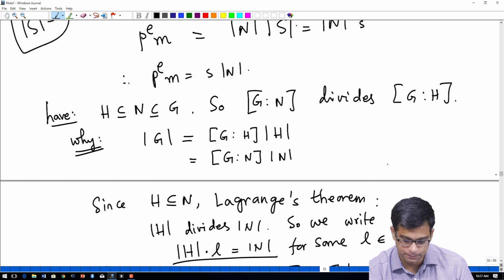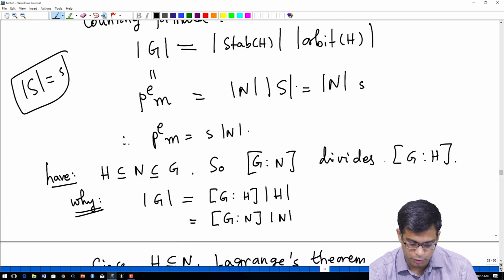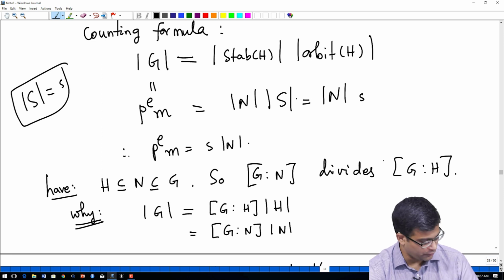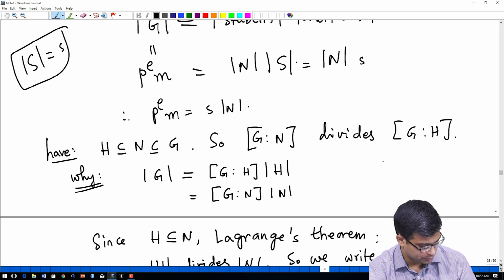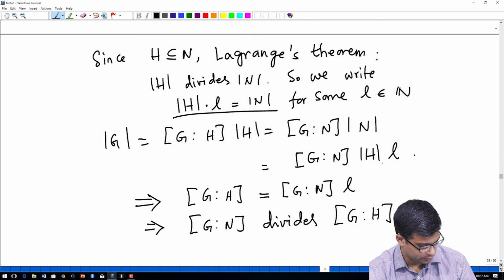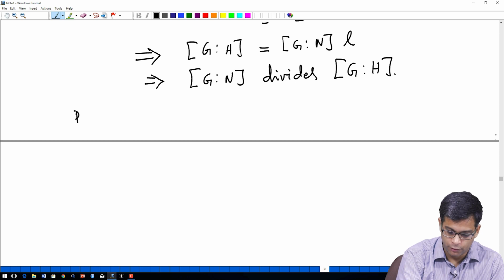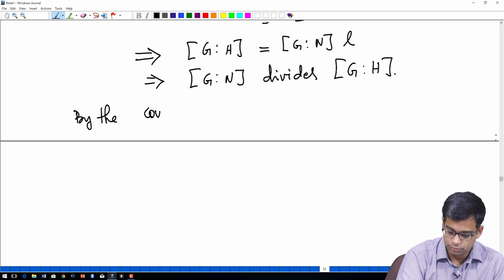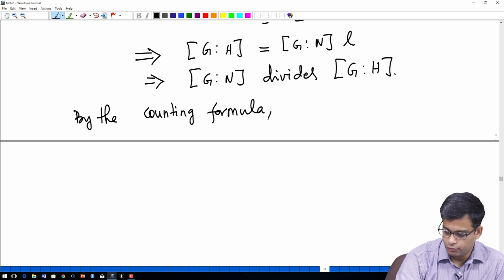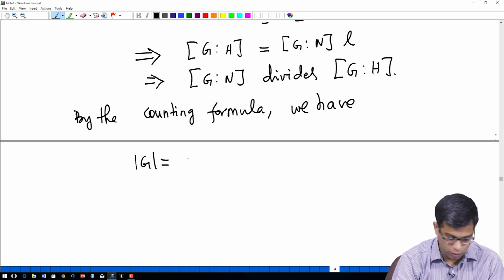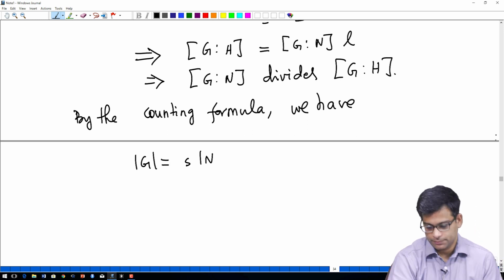Now, let us look at the counting formula that we had earlier. What is the index of N? So, I want to understand. By the counting formula, we have the order of G is equal to S times the order of N, right.